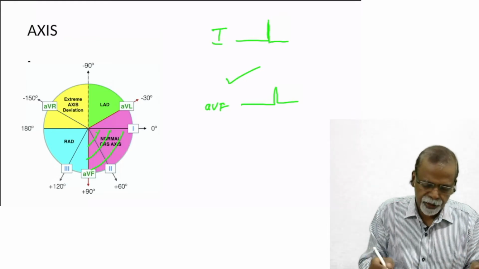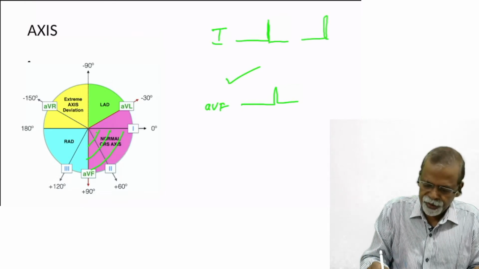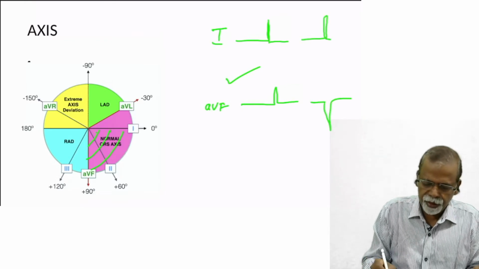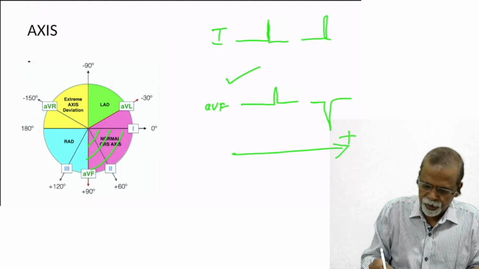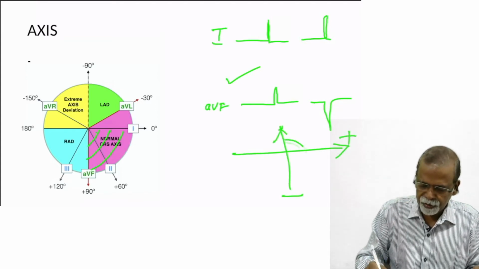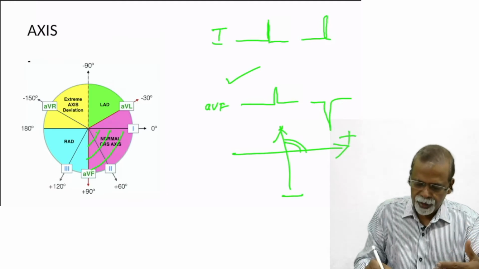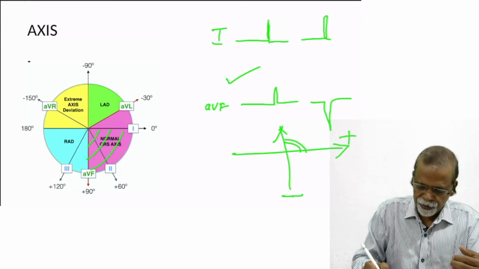Take another case, suppose lead 1 is positive and AVF is negative. What does it mean? The current is going away. Lead 1 is positive, AVF is negative, so it is going in this direction. As the current is going away from the positive pole, you get the negative deflection.